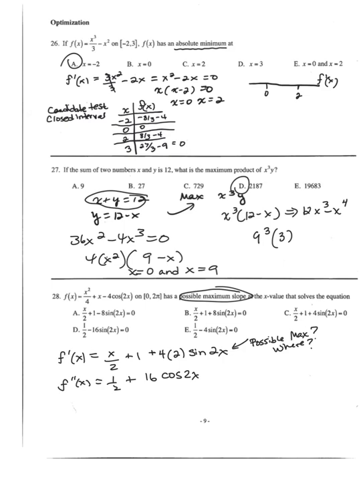So whomever put this question here, I believe they made a careless error, because we want to know where this function has a possible maximum slope. So the function whose maximum we're looking for is the slope. So when we do the candidate test, we'd be getting the derivative of the slope. So I'm still persistent that the answer would be 1/2 plus 16 cosine 2x equals 0. I'm sticking with that. Thank you.